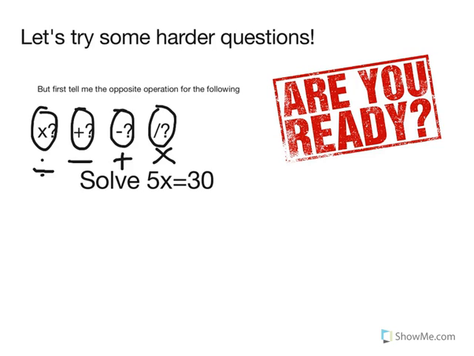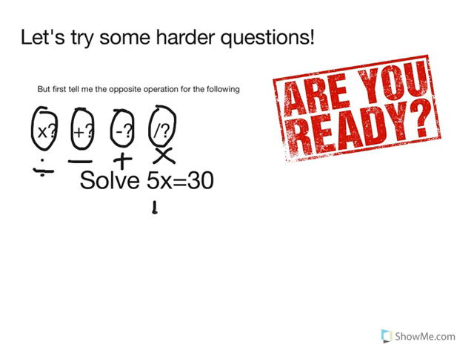Now, knowing that, we need to solve this equation: 5x equals 30. In your head, you're probably thinking 5 times 6 equals 30. But we need to learn a method for working out the value of the variable x.